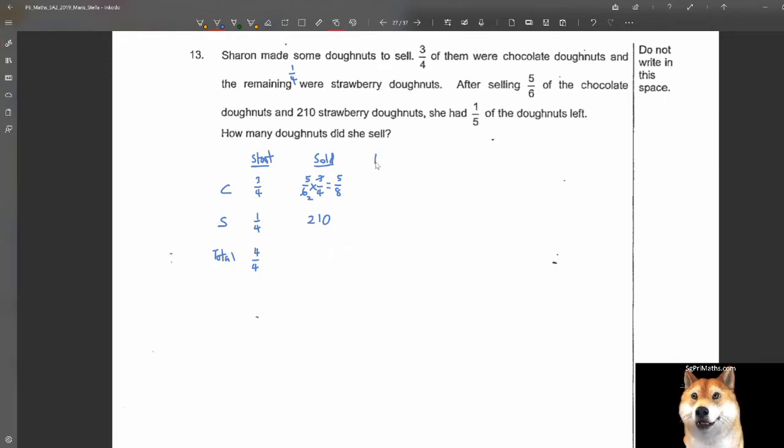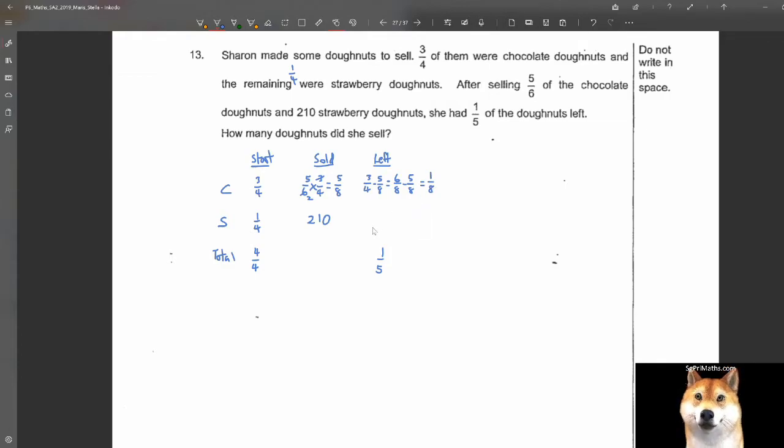Then left, we know it's left with 1/5. So for chocolate donuts, we know that starting they are 3/4. So 5/8. So left is 3/4 minus 5/8. Change both to the same denominator. You will get 1/8 left.